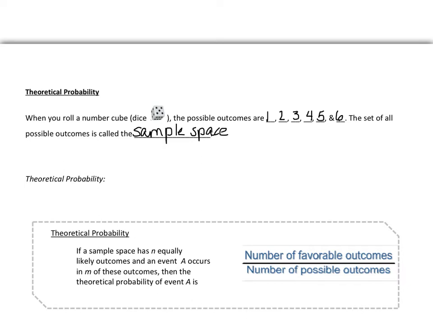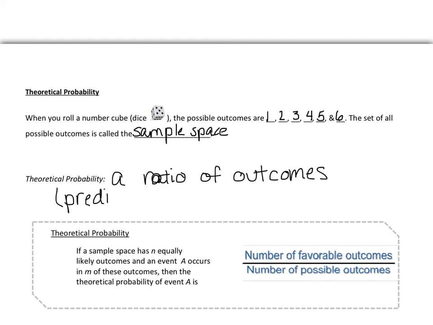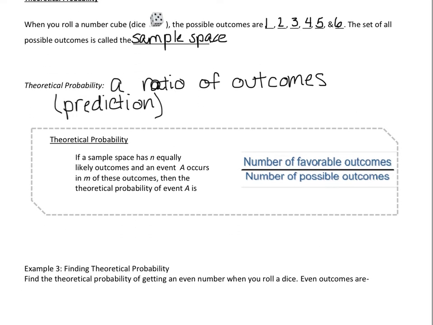Theoretical probability is a ratio of outcomes. It's a prediction, okay? That's what theoretical probability is. Okay, this is basically how we set it up.